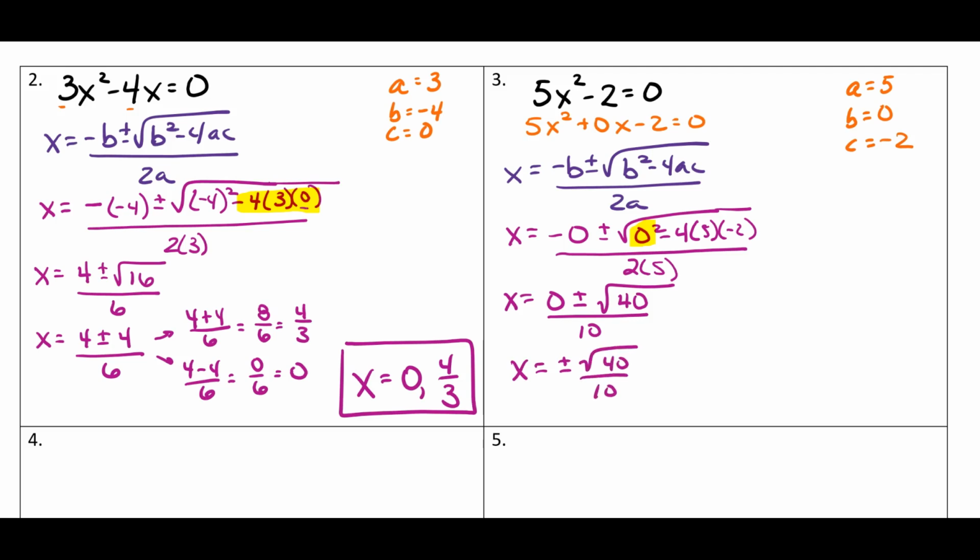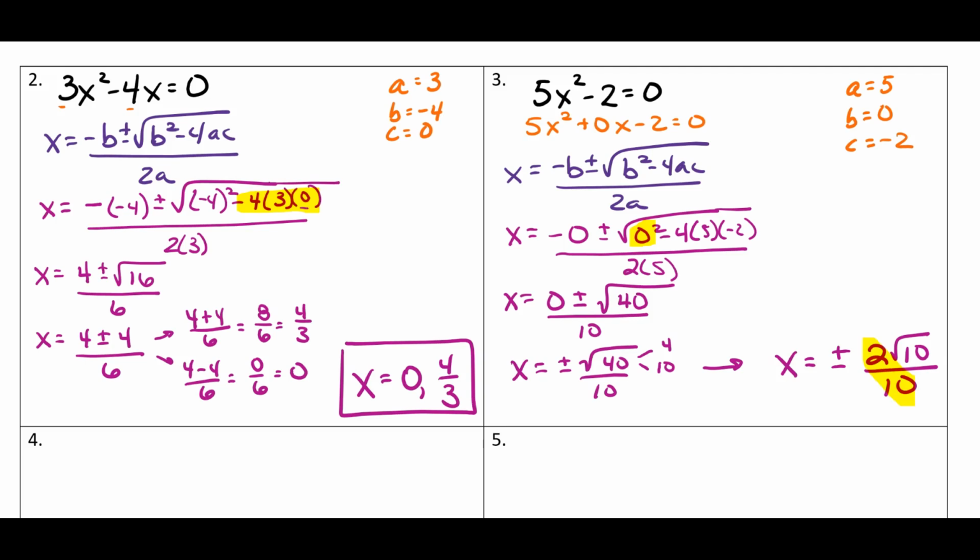But the square root of 40 has a perfect square in it. So remember, 40 would break down into 4 times 10. So this is actually going to be x equals plus or minus 2 square root of 10 divided by 10. But we're still not quite done, because look at this 2 over 10. That can simplify.